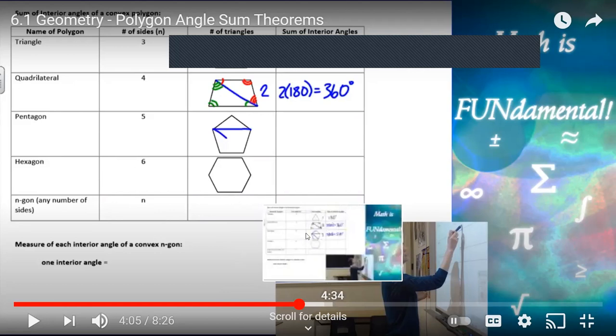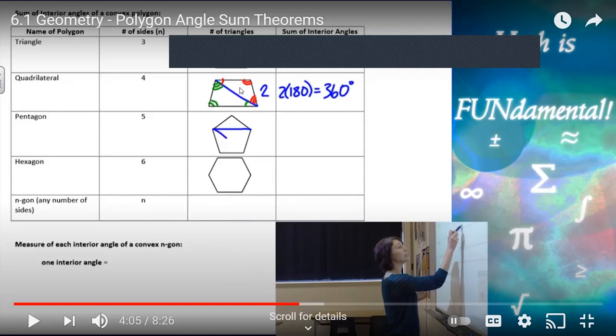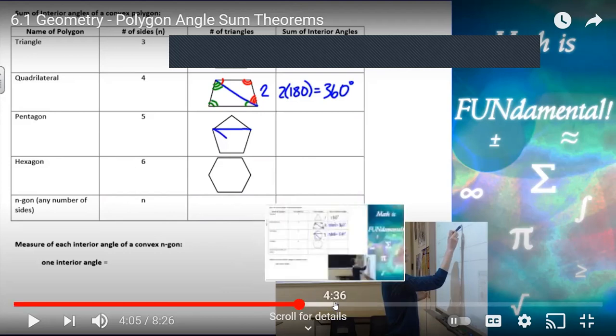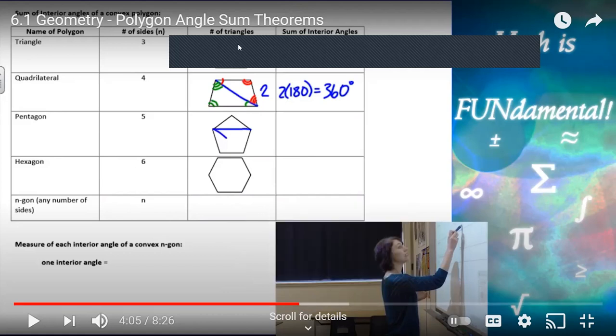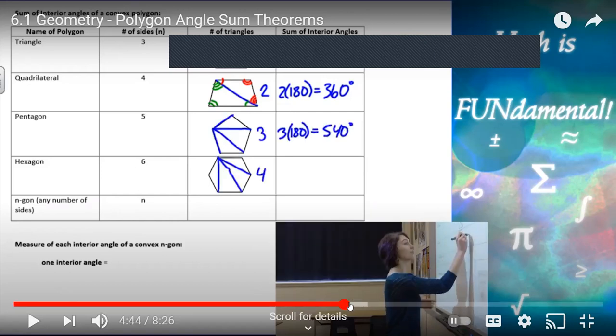The number of angles here means the sum of the interior angles. Okay, so this is the number of triangles. For a triangle, only one. For the quadrilateral, 2. For the pentagon, I think they have 3, right?